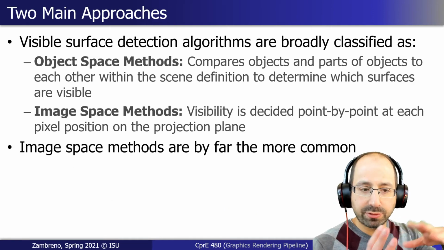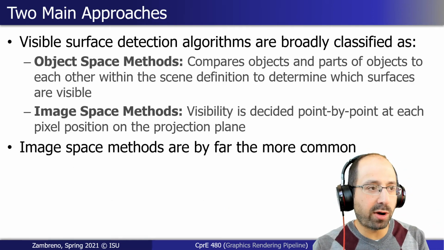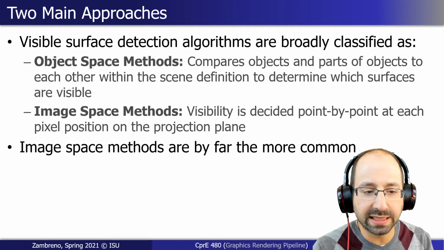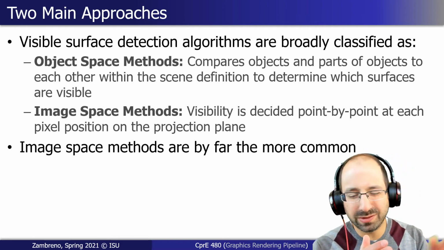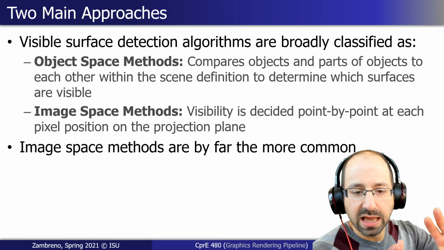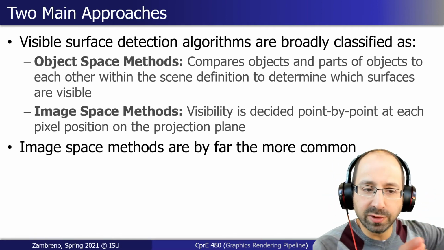There's two complementary approaches. I think from our perspective, and certainly in terms of what we're implementing, the image space methods, that you'll hear them refer to as just Z buffer methods, is the much more relevant one for us.